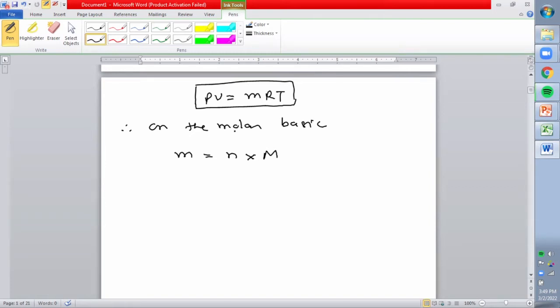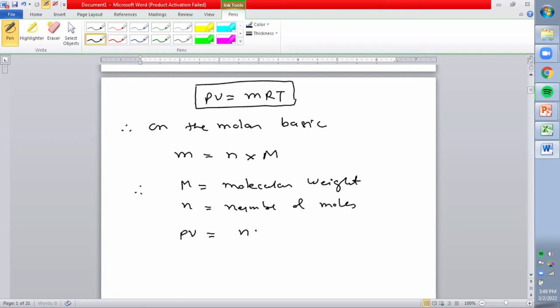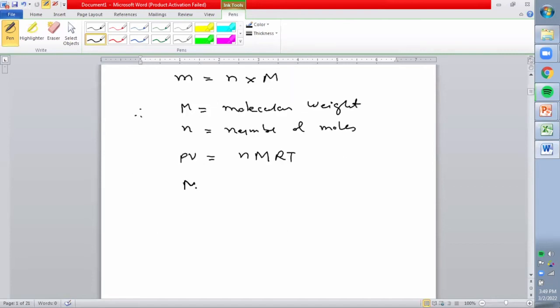So m is equal to n multiplied by capital M, where capital M is called the molecular weight of the gas. What is n? n is the number of moles. So we can say PV is equal to nMRT, or MR is equal to PV by nT.